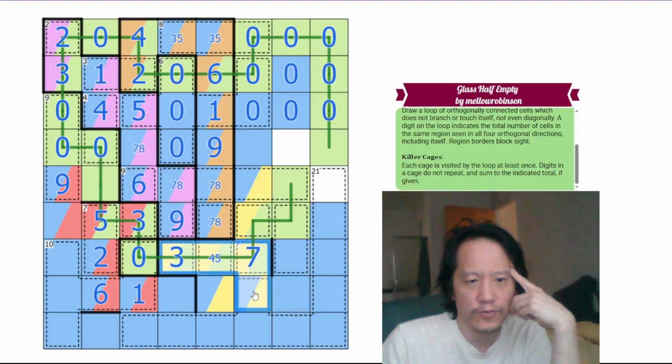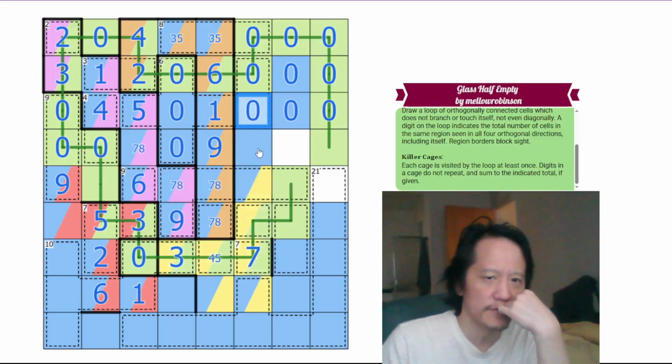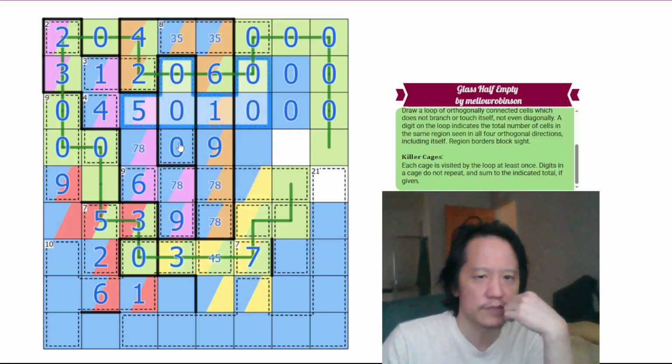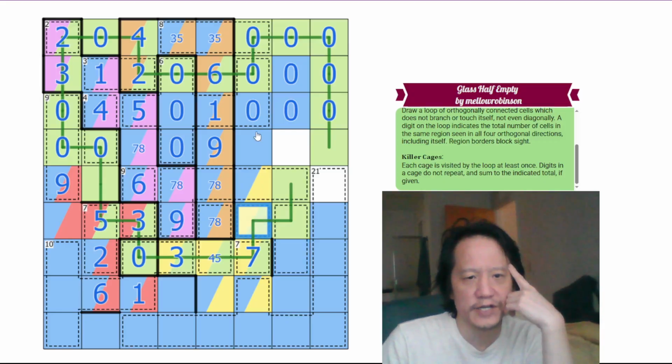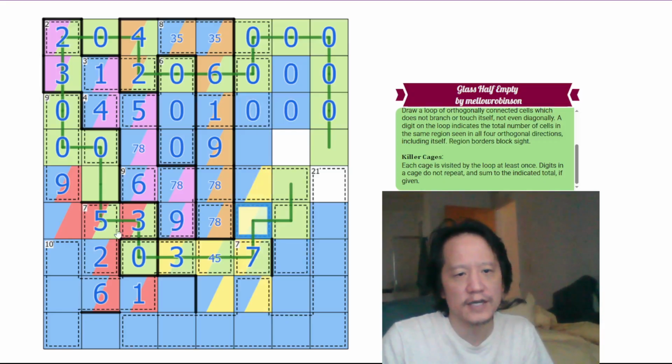This can't be on the loop because this must add up to 6. Either way, this is on the loop and it sees at least 5. It cannot be 5 because of the 5 in the row, so it must at least see 6, which means it must see this cell too. And that's on the loop, so that must be 2.